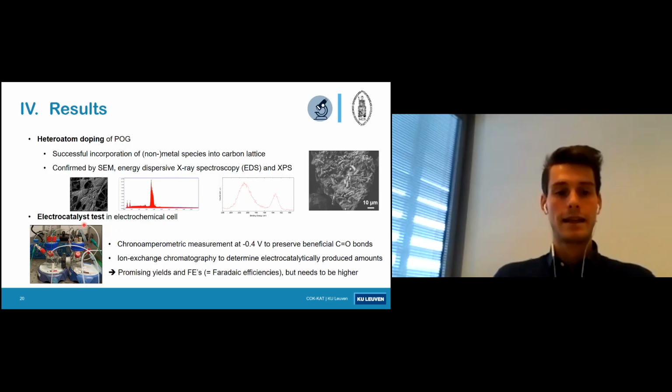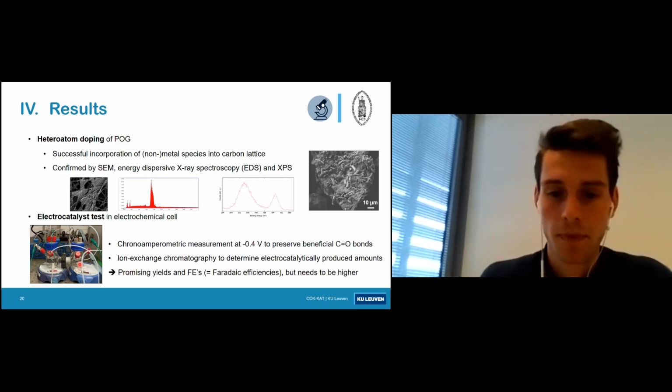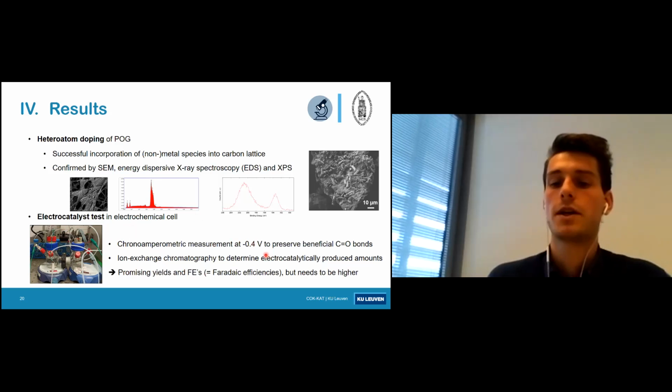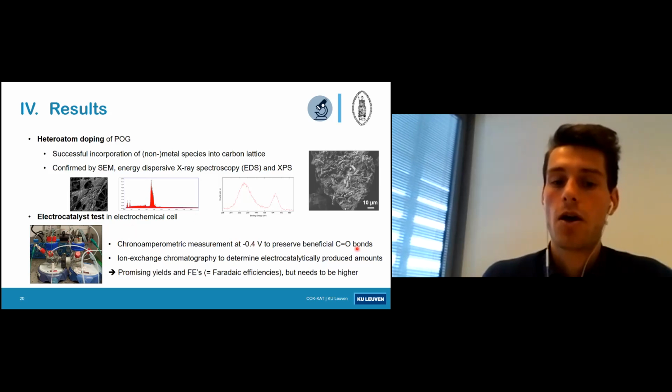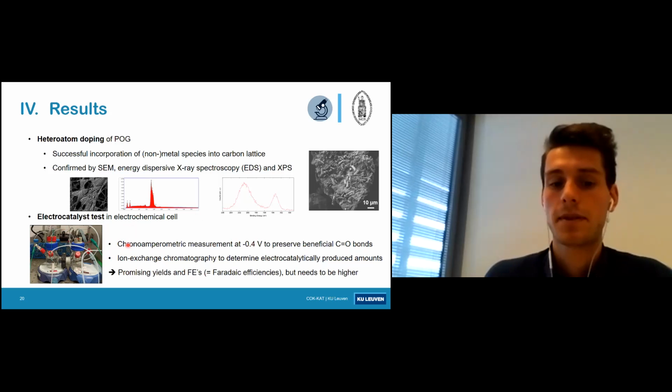So the electrocatalyst test happens in our electrochemical cell in the lab. We use chronoamperometric measurements at a quite low voltage to preserve the beneficial C-O bonds, which are often also electrochemically active as such. That depends, of course, on your end reaction.